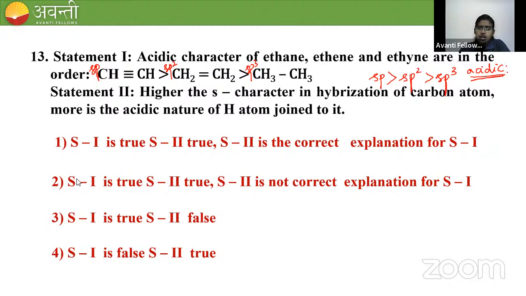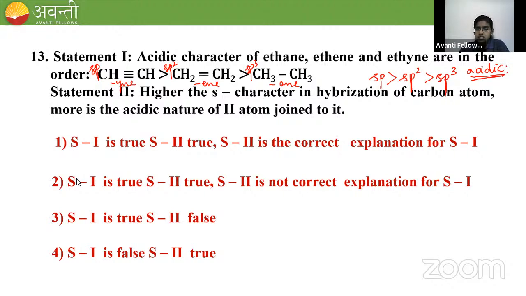Ethyne is more acidic than ethene, and ethene is more acidic than ethane. This compound is ethane, an alkane, this is your ethene and this is your ethyne.